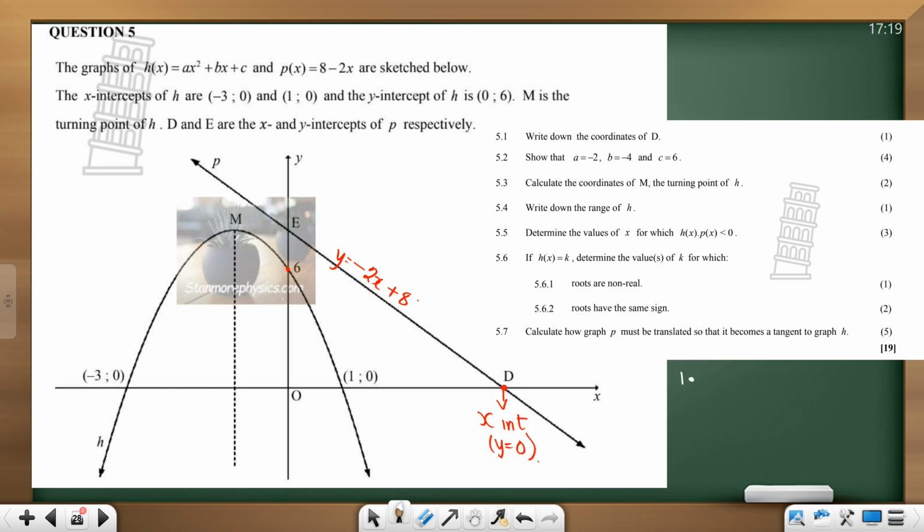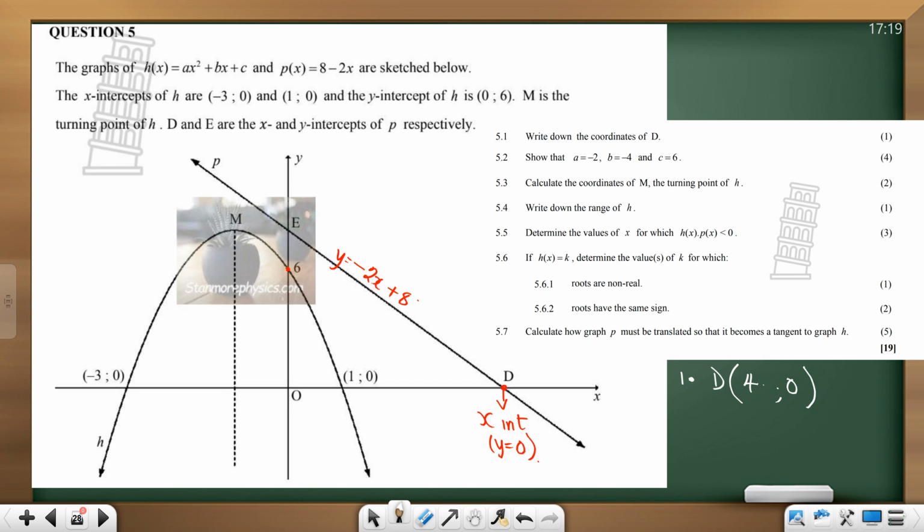Coordinate of D. Y is 0. When you substitute, what are you getting for the value of x? 4. Lovely. And we're done there. It's 1 mark.